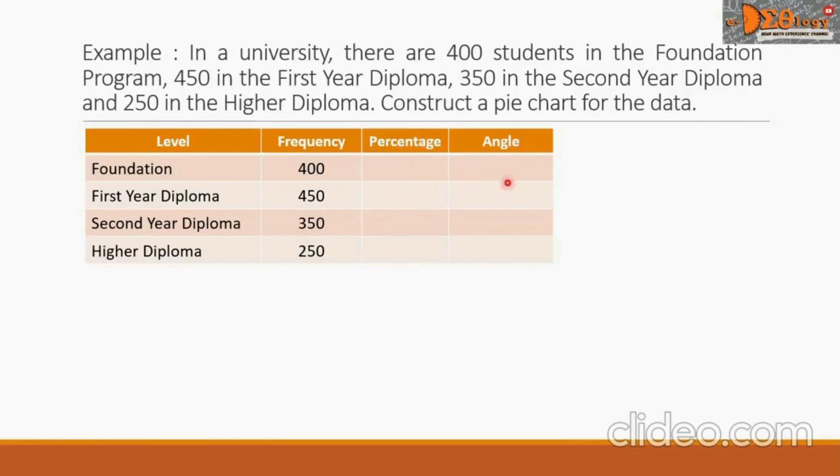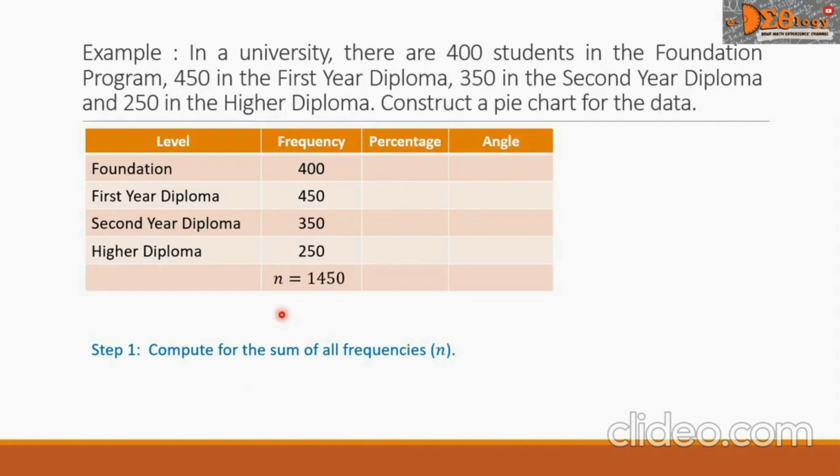Let's go now to step 1, and that is to compute the sum of all frequencies. Taking the summation of this column, we will have n equals 1450.